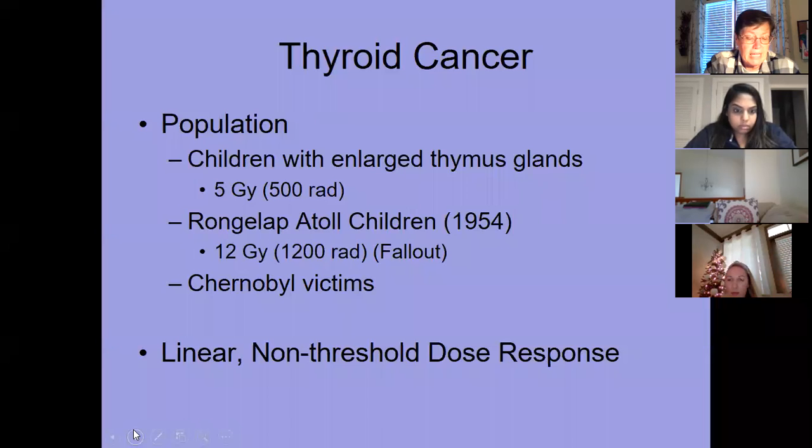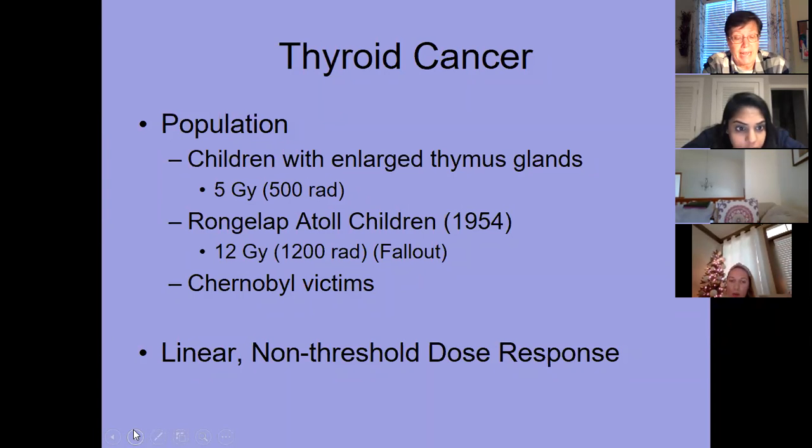Thyroid cancer. Now, when you think of thyroid cancer and radiation exposure, the group that should come to mind should be the Chernobyl victims, because they are the most recent of radiation accidents or nuclear power plant accidents.